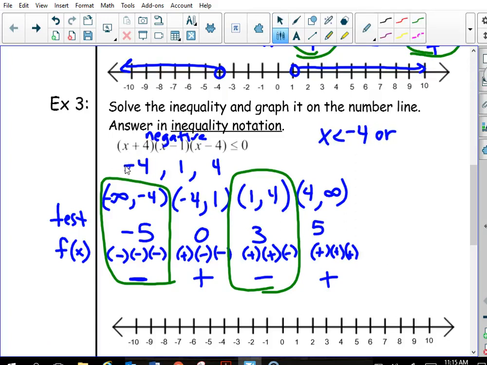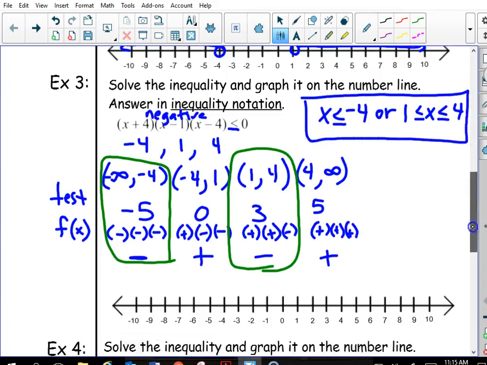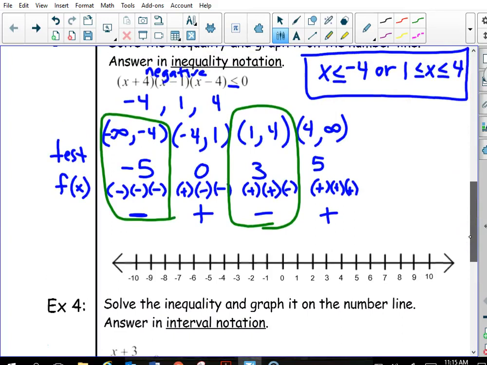And then x is, excuse me, there should be an equals there because there's an equals part in my inequality. So x is greater than or equal to 1 and less than or equal to +4. -4, close point, and between 1 and 4.